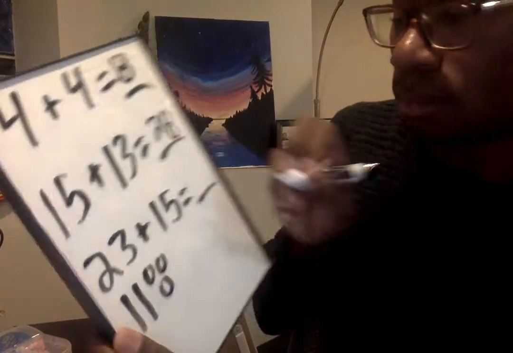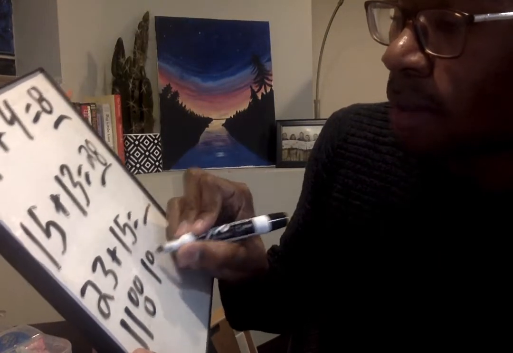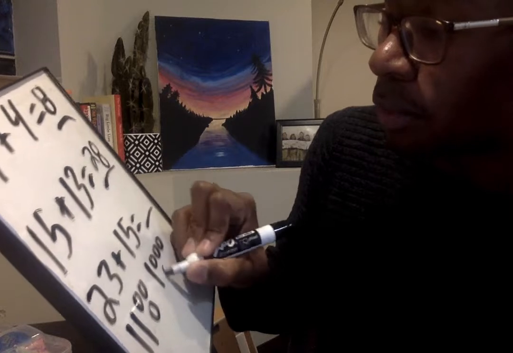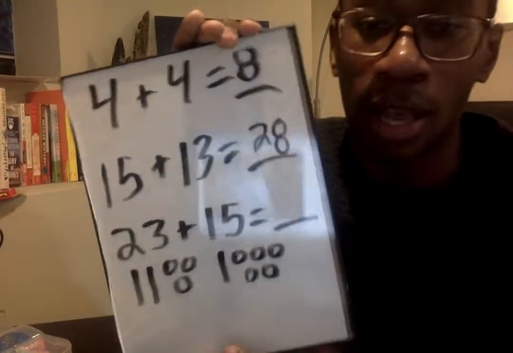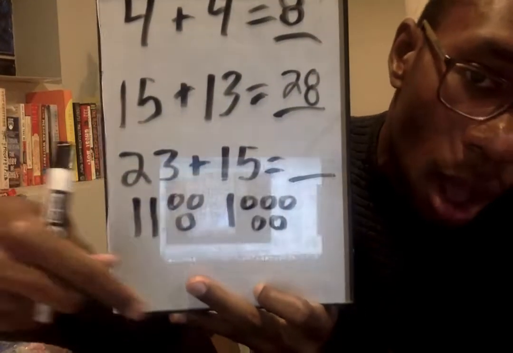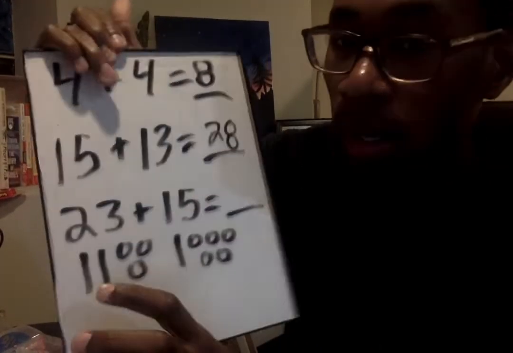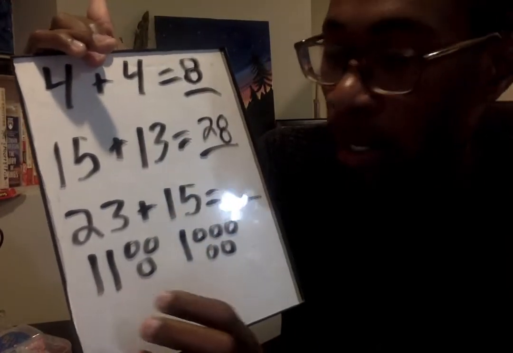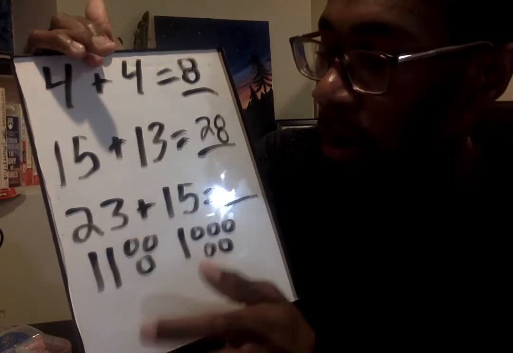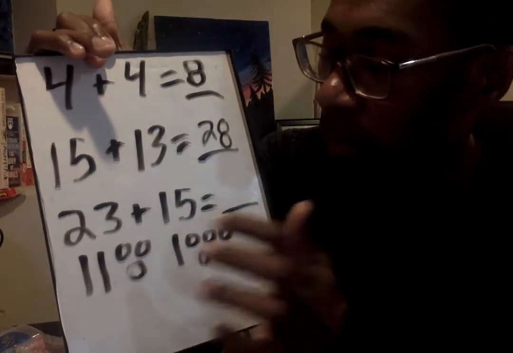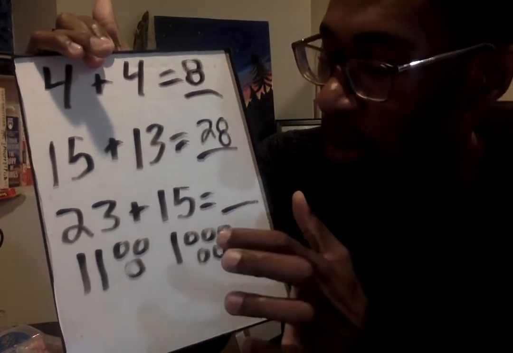And now for 15. 10, 11, 12, 13, 14, 15, just like that. Now I'm going to count up all of this together to find my whole. Count with me. 10, 20, 30, 31, 32, 33, 34, 35, 36, 37, 38. So I know that missing whole is 38.